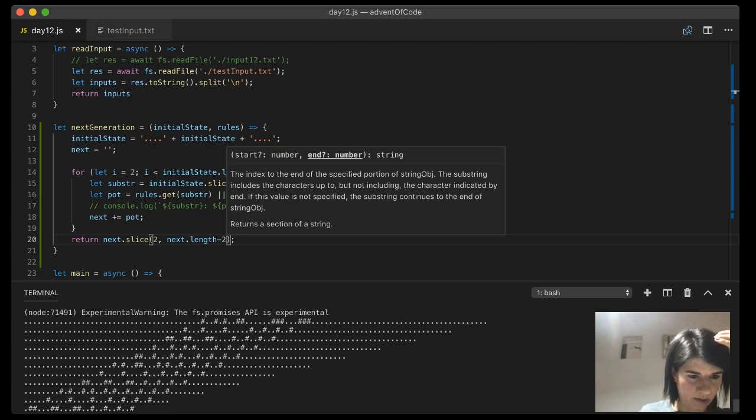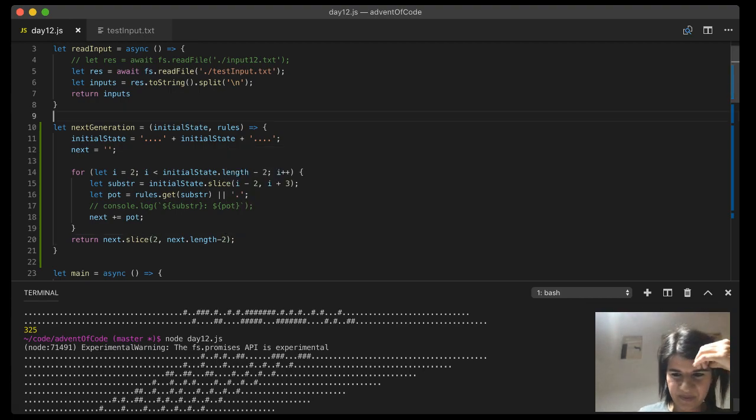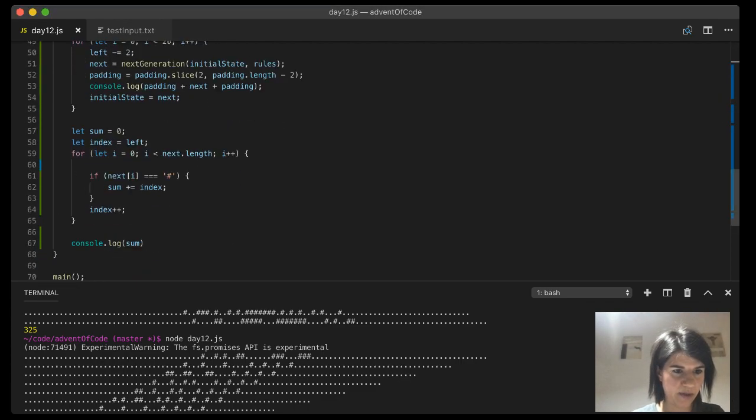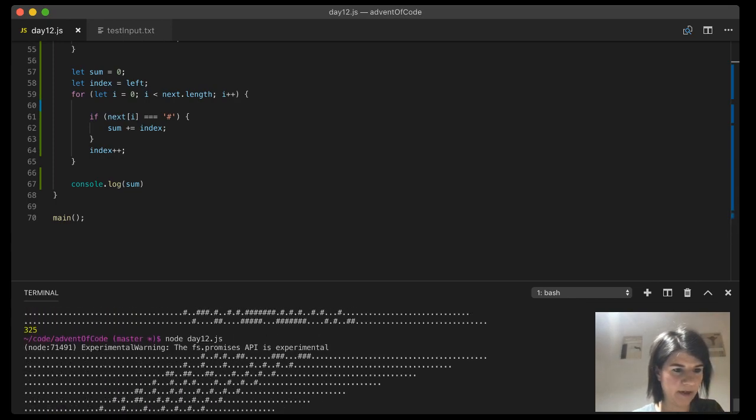Okay, this does not look good at all. Shoot. Yeah, I know the padding is not counted, but I wanted it to look good. Wait, you're saying my sum is the right one in this example? Oh, no, 325 was right.